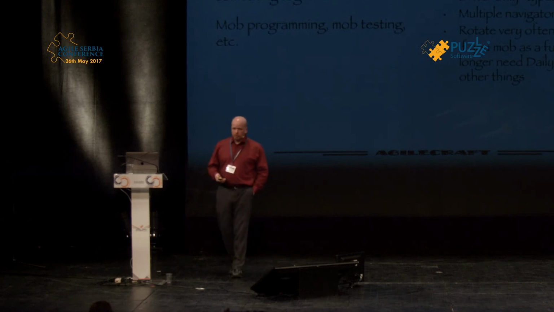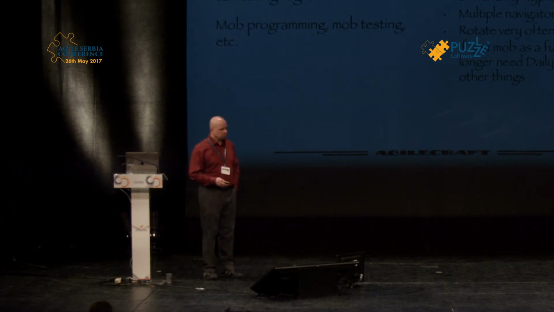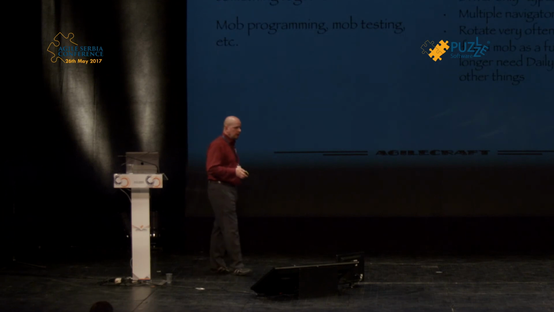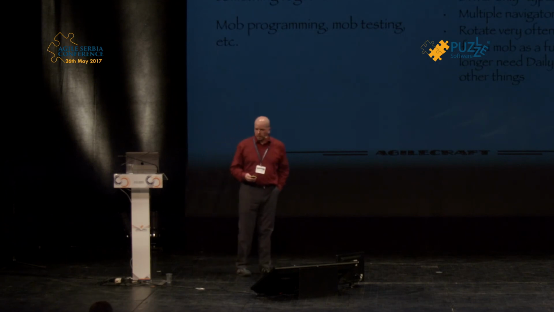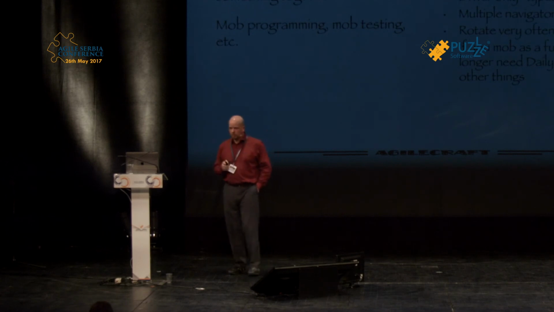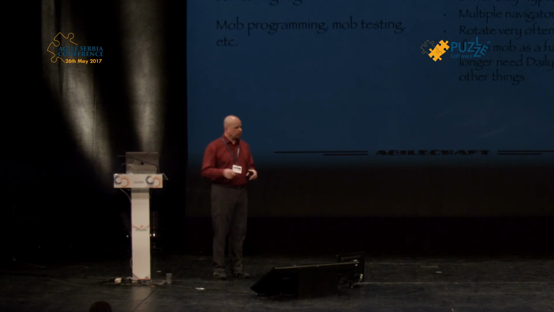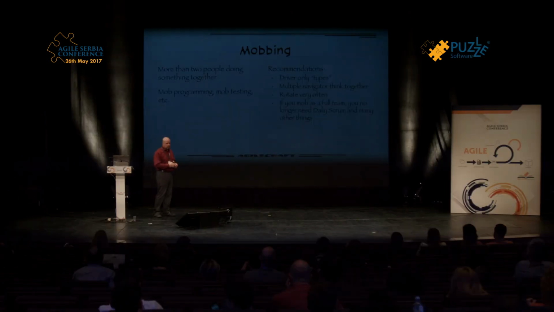You can test as a mob, you can program as a mob. I suppose you could design as a mob too, that'd be interesting. The same recommendation I gave you for pairing applies to mobbing as well, but taken to the extreme. You have multiple navigators, only one driver. And it's even more important that the driver doesn't think, but you rotate frequently so that the driver changes and you get everybody thinking most of the time.